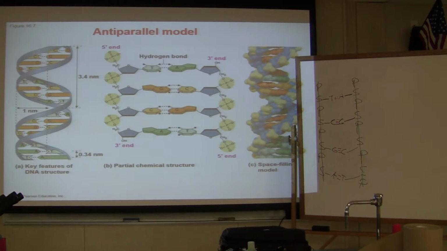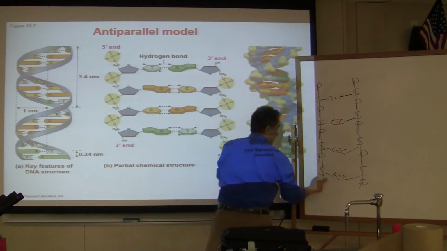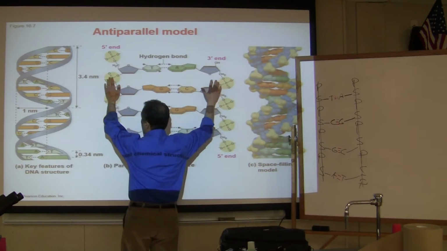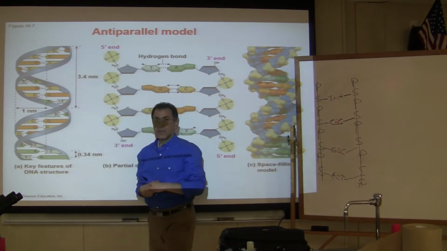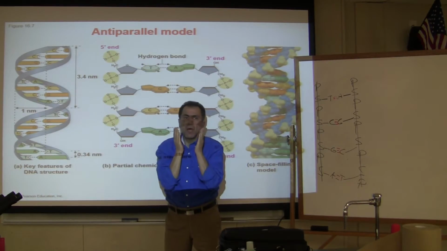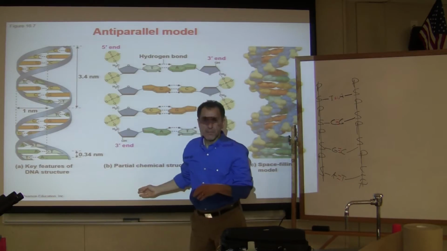That's the structure of DNA. The strands go opposite of each other. The legs of the ladder that I drew for you are opposite of each other. Amir, how do you know what I mean by opposite of each other? 5 prime, 3 prime.